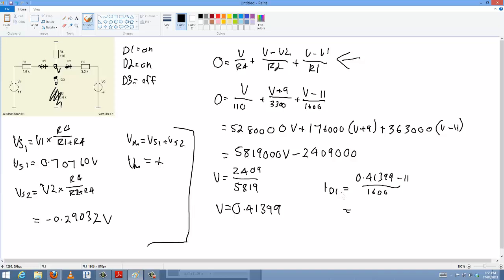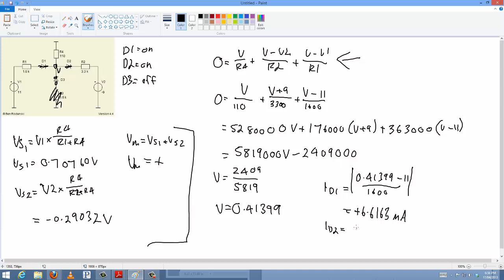And I'll point out now, you have to take the absolute value of these because you can't have a negative current going through a diode, because the diode is unidirectional. It's negative 6.6163 milliamps, but the absolute value makes it positive.